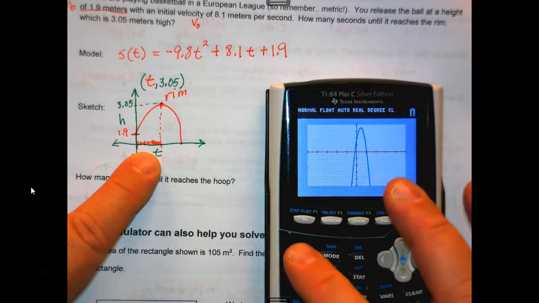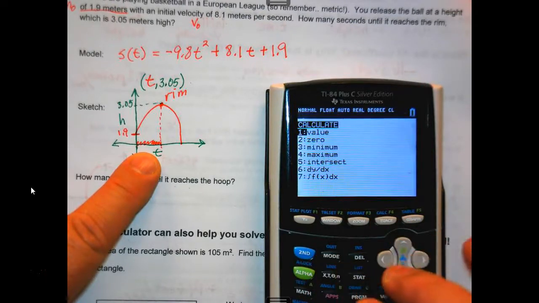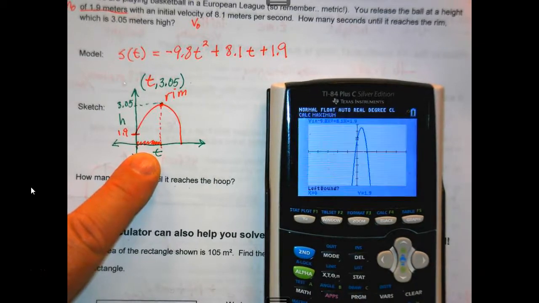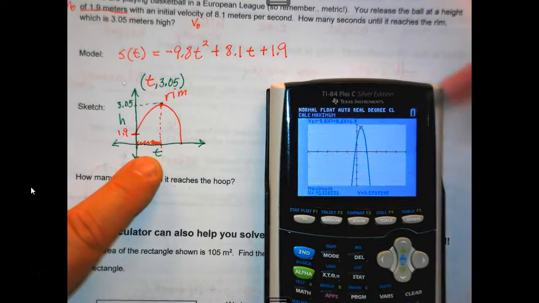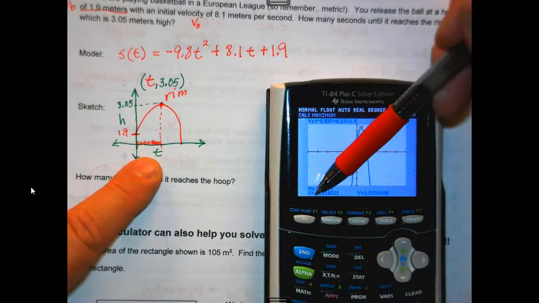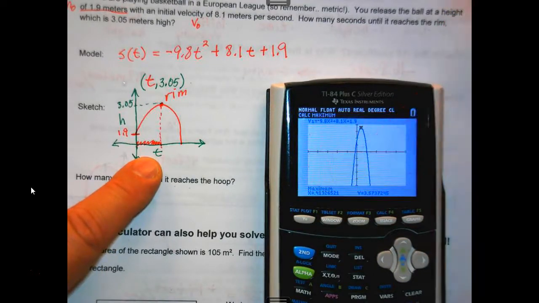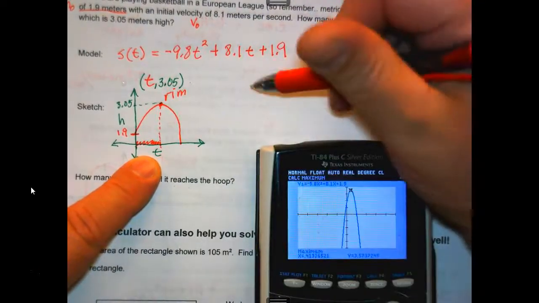So I'm going to go to second trace or calculate. Look for my maximum. Hit enter. Left of the vertex, hit enter. Right of the vertex, hit enter. And hit enter again. And it gives me an x value of 0.41326. Well, about 0.41.